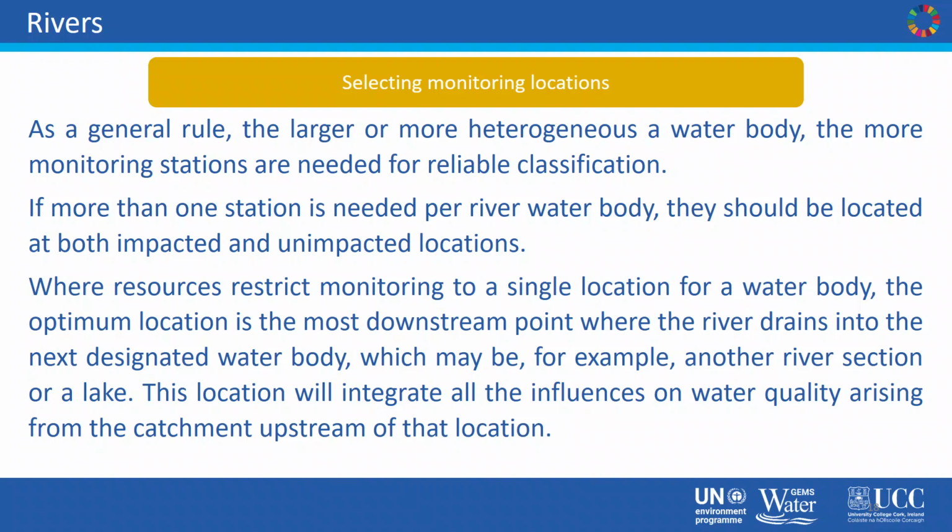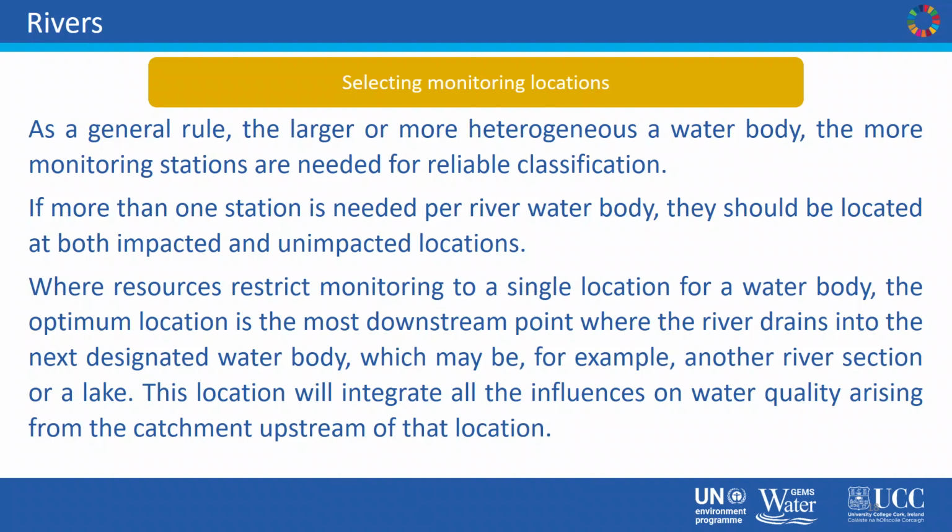And when selecting monitoring locations, a general rule to make sure that the defined water body is classified accurately is to assume that the more heterogeneous a water body is, the more monitoring stations are needed to be able to classify it reliably.